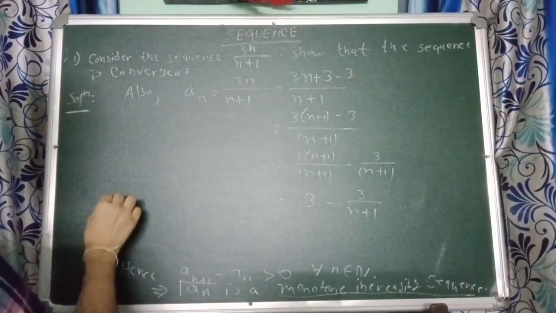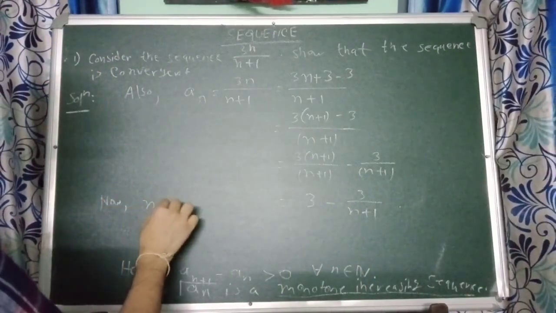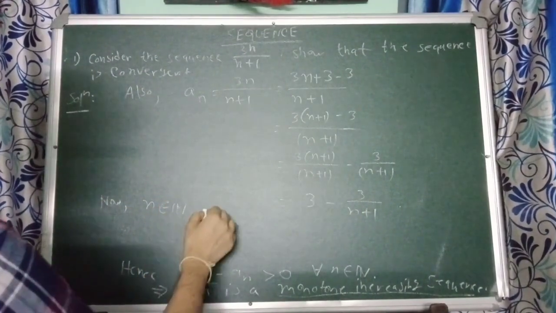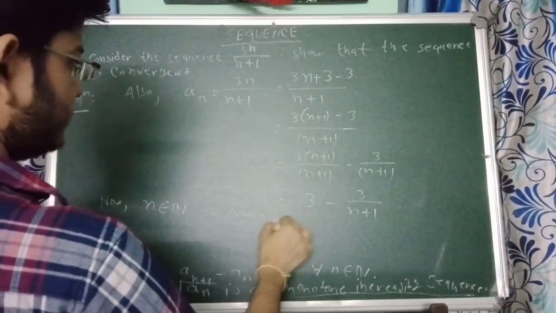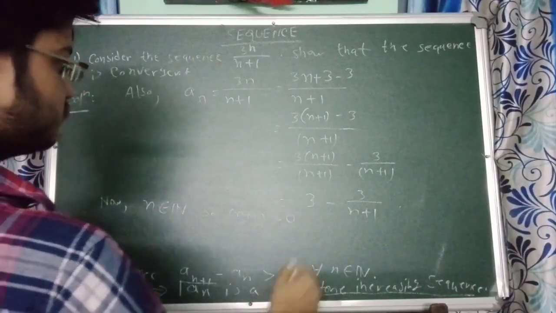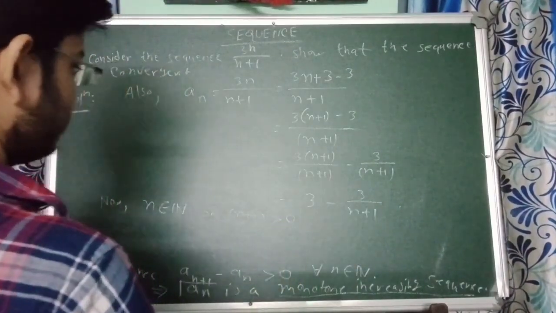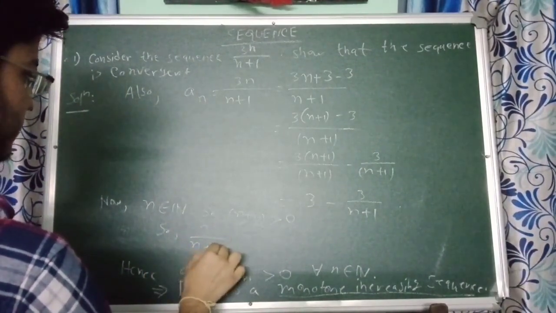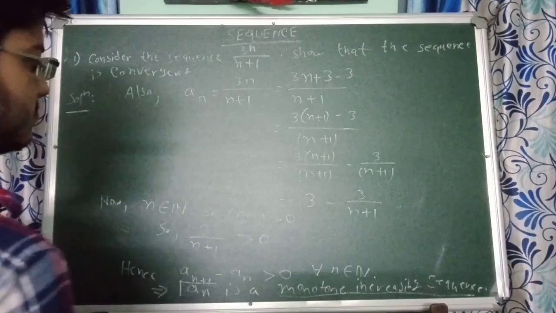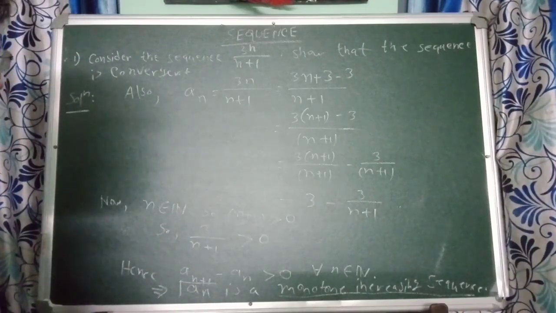Now n belongs to natural numbers, so n plus 1 is a positive quantity and also 3 is a positive quantity. This shows that 3 divided by n plus 1 is also a positive quantity.